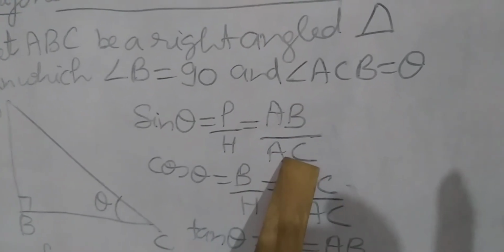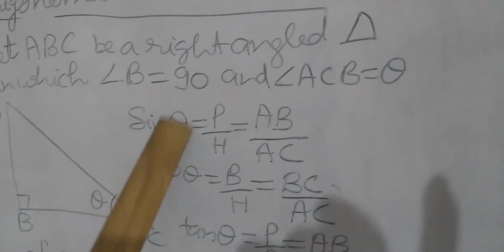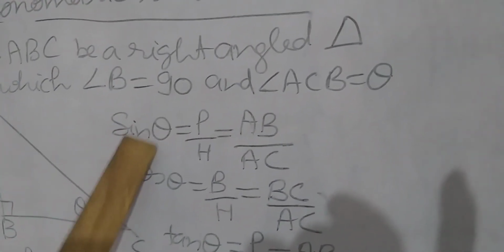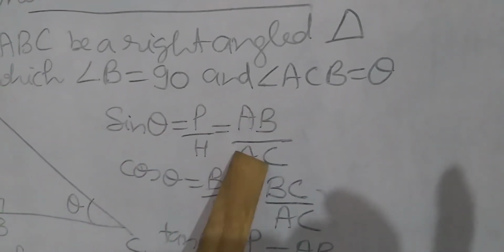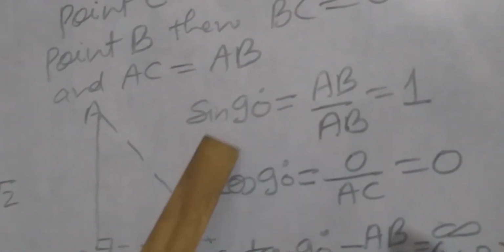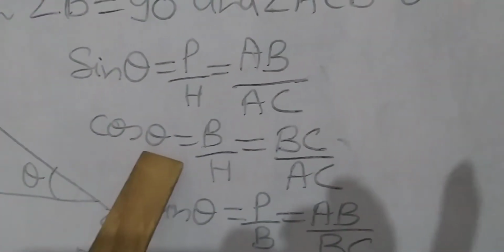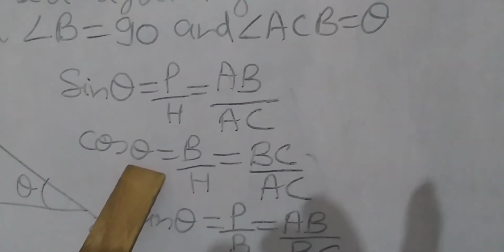Now students, sin theta equals AB upon AC. So we are going to put theta equals 90 degree here, then AB upon AC, AC equal to AB now. So we can write AB upon AB, sin 90 is 1. Now students, cos theta equals BC upon AC, theta equal to 90 degree, and BC is 0, 0 upon AC equals 0.